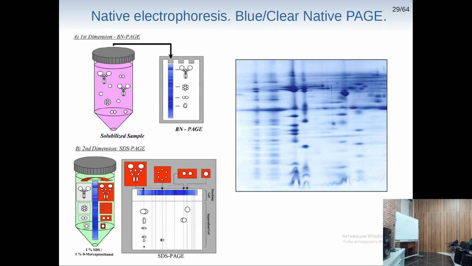What we can actually do next, we can make a second dimension. We can take this part of our gel, orient it this way, put it into a stacking gel, and now make SDS-PAGE electrophoresis. And we'll have something like this. Each complex is here, and here are the monomers which were in each complex.